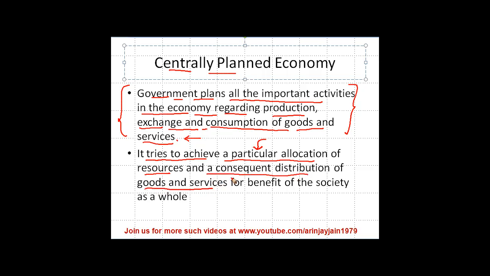Once the goods and services are produced, then for the benefit of the society as a whole, for the entire country, the benefit should be flowing down. So that's what happens in a centrally planned economy, where the government controls all the resources, so that it's not that some people in the country use the entire set of resources available to the country for their own benefit, while the majority population at large is suffering.